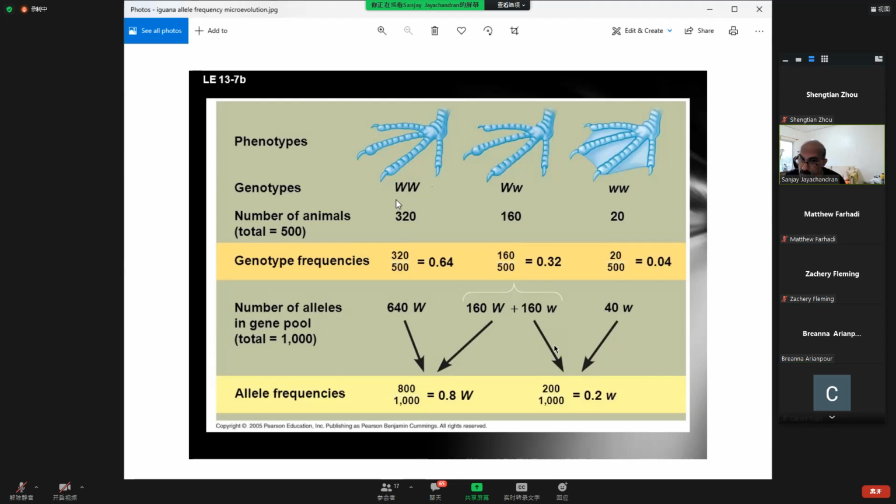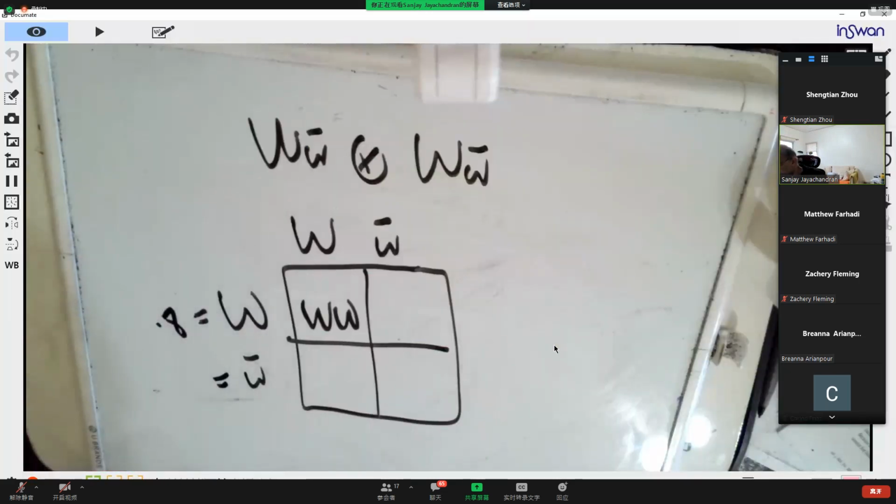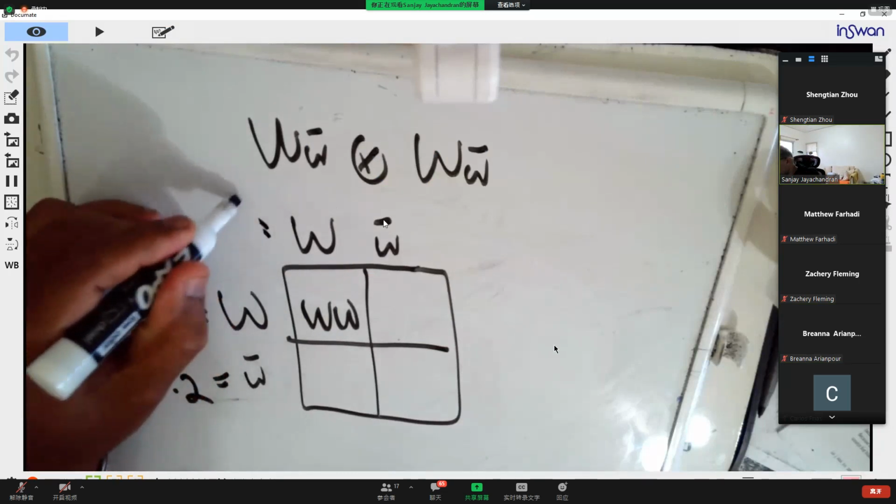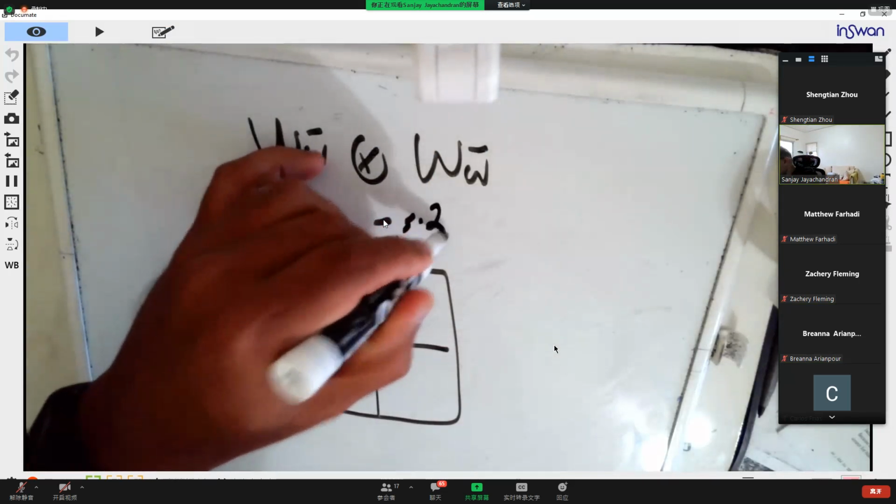For the allele frequency, it was 800 over 1,000, so about 80%. Okay, very good. So 80% or 0.8. How about for the little Ws? 20%. Good. Excellent. So it's 0.8 here, 0.2 here.